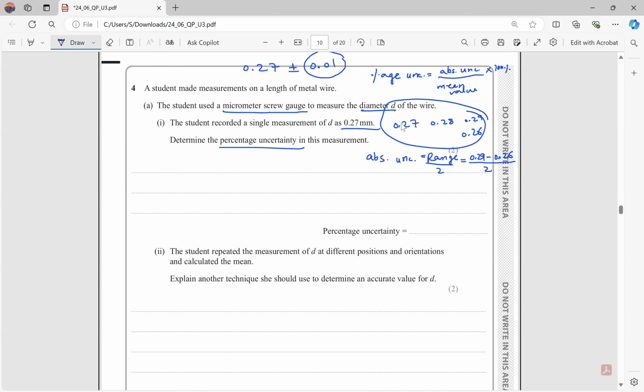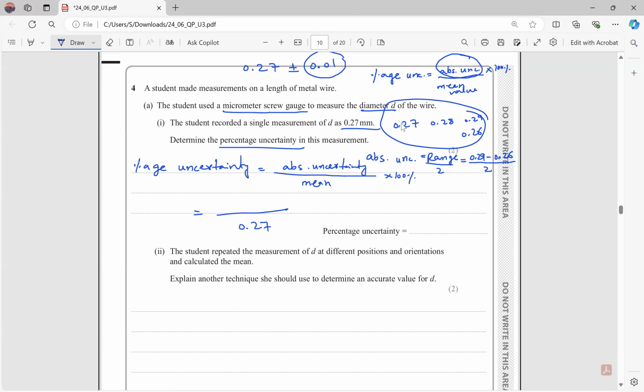So now let's go back to the formula. The formula is percentage uncertainty equals absolute uncertainty over mean value, times 100%, right? Now we know the mean value is just 0.27 because that is the measured value. Then what is the absolute uncertainty?